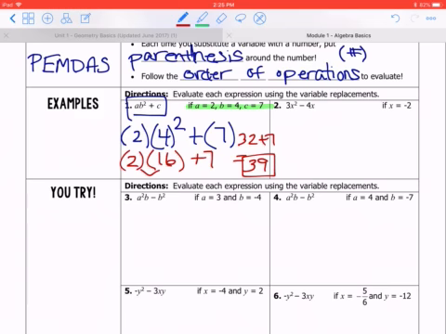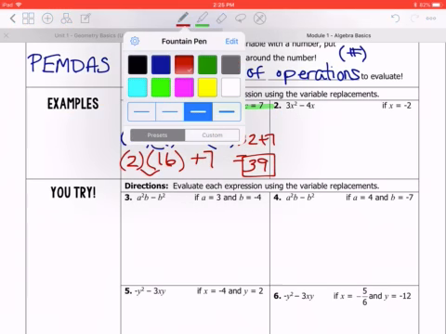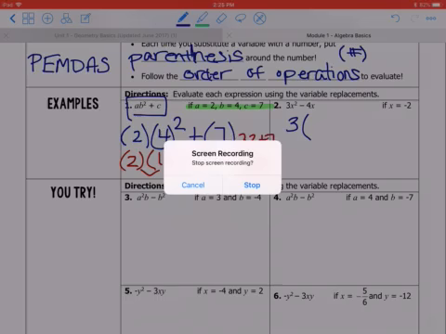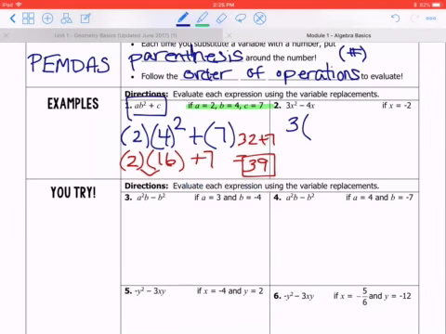Okay? Not too bad. If we look at number 2, I have 3, and I'm going to replace the x. Notice right here it tells me that x equals -2. So I'm going to put the -2 in, and it's squared, minus 4x. Now we're going to solve using order of operations.